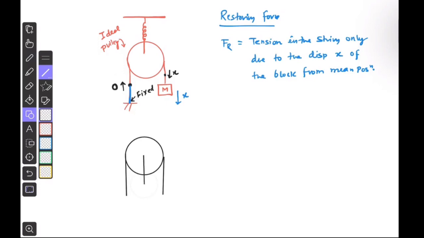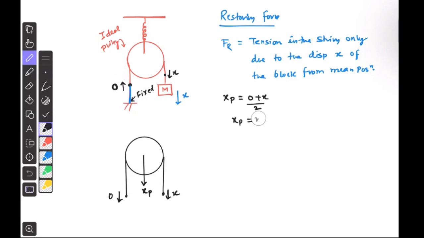Now suppose the pulley came down by xp, this point coming down by 0, this point going down by x. So what was that pulley constraint? xp will be equal to 0 plus x by 2. So xp will be equal to x by 2.